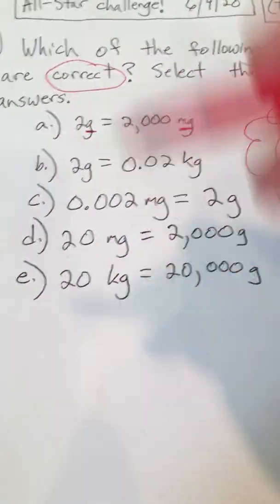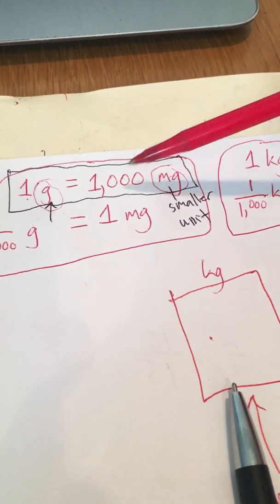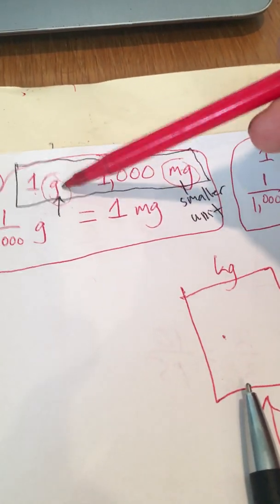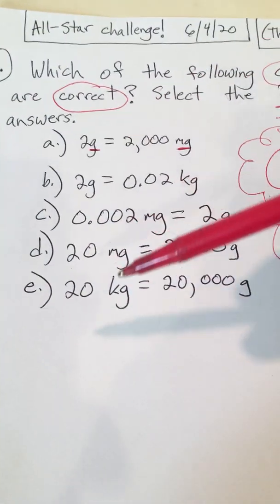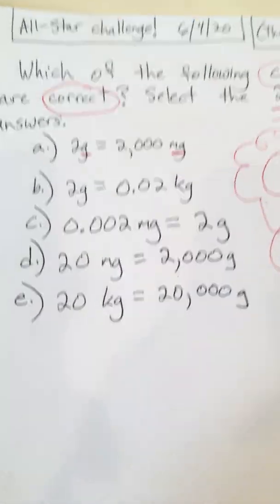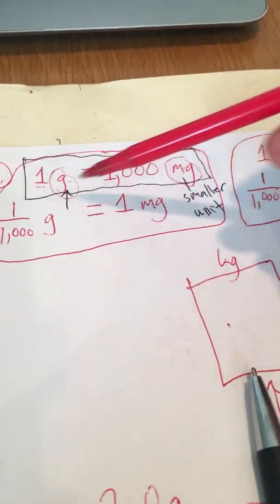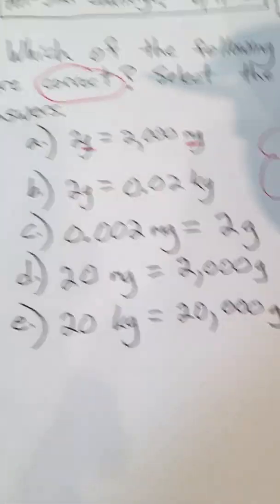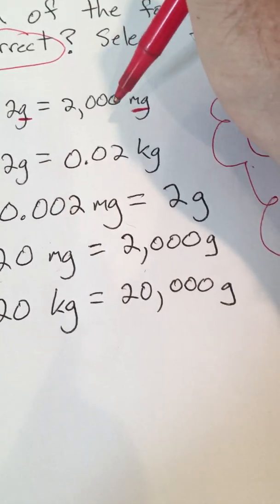So first, we're just going to find out which one is that true about. Which one matches, that the smaller unit has more of them than the bigger unit. So I'm just going to go through first, before I even find whether these are the right answers, and cross off the ones that I know are wrong, because this isn't true about the statement here. Okay, so 2 grams or 2,000 milligrams.